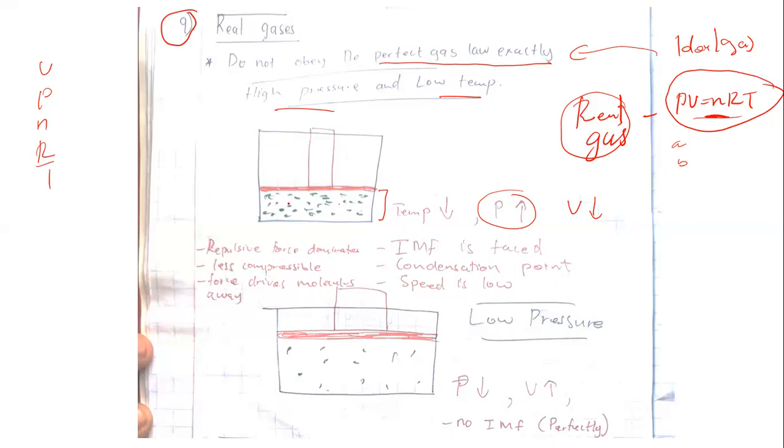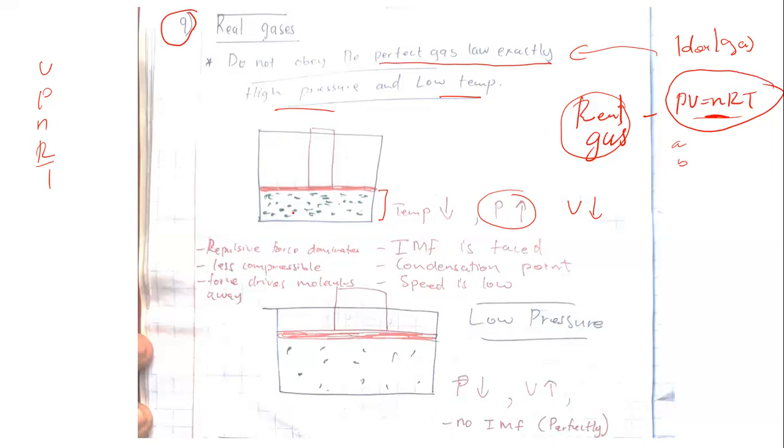Because remember, when I was explaining kinetic molecular theory, I said when you heat your gaseous molecules, the speed of the molecules will be high. Therefore, it will cause the molecules to move around the container. But because the temperature here is low, these gaseous molecules are not moving vigorously. They're just chilled, they're cool. They are not crazy, they're not moving that much. But pressure is high.